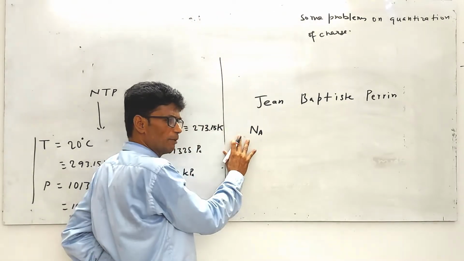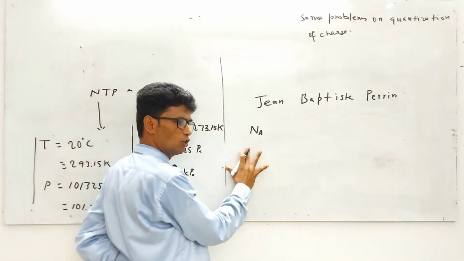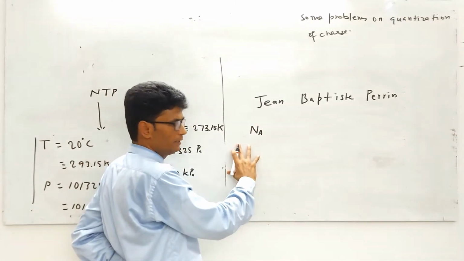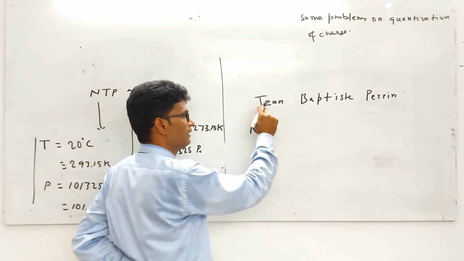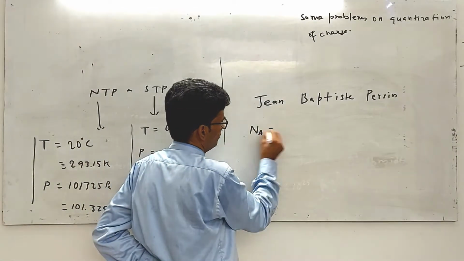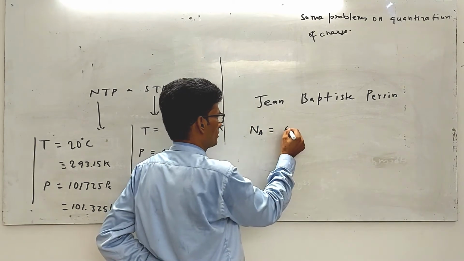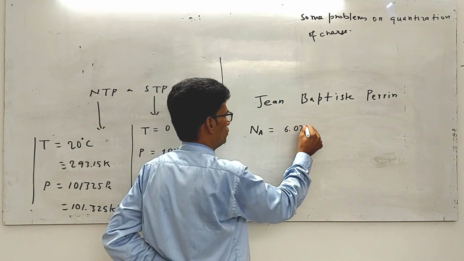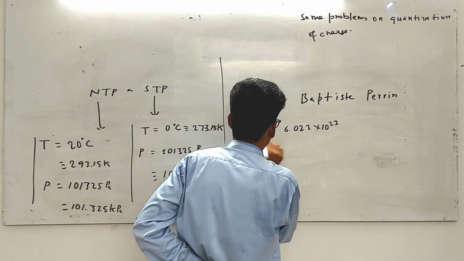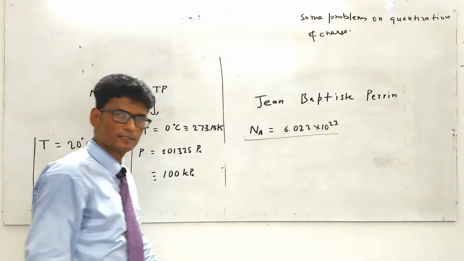Not invented by Amadeo Avogadro, not coined by Amadeo Avogadro, not formulated by Amadeo Avogadro. It is formulated and coined by Jean-Baptiste Perrin. So this number, known as the Avogadro number, 6.022 into 10 to the power of 23. How does this number come into existence?